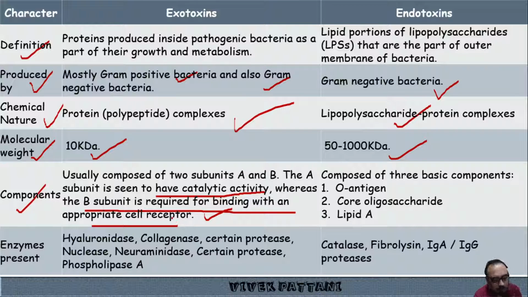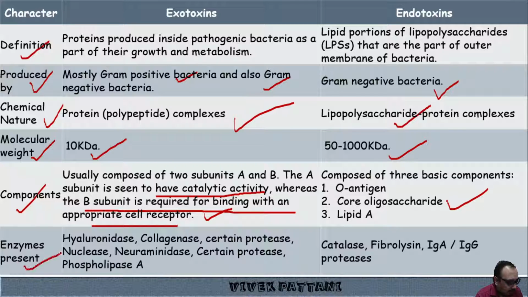I am going to discuss the basic mechanism of subunits A and B later in this lecture. Whereas endotoxins are made up of three basic components: O antigen, a core oligosaccharide, and lipid A.